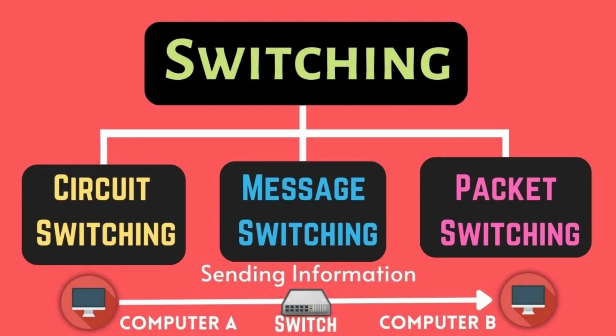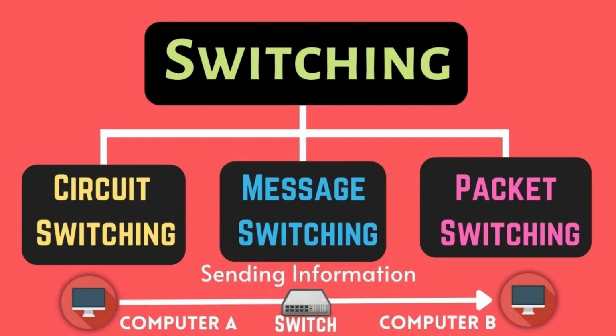What are switching techniques? Circuit switching. The concept of circuit switching is that it establishes a dedicated physical connection between the sender and receiver before data transmission. Think of a phone call.